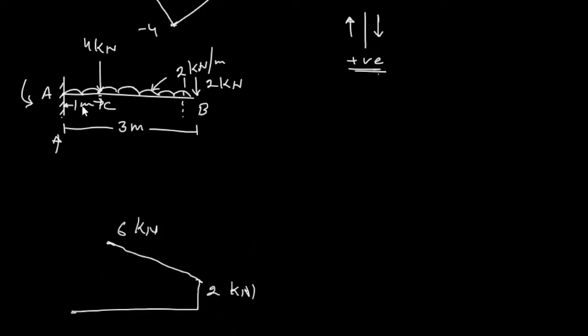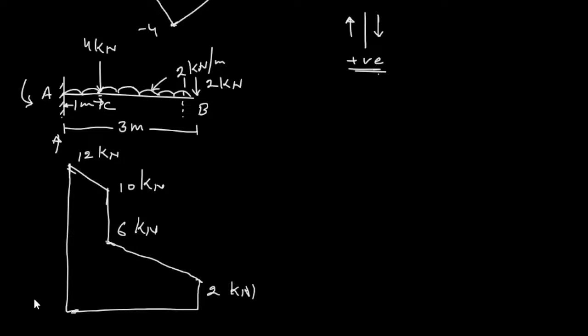If I draw a section towards right, this 4 kilonewton is going down, so I will add 4 kilonewton to this. Now 6 plus 4 is 10. And then for 1 meter there is again UDL of 2, so again it will go like this, and here I will get 10 plus 2, 12. Now I will close this part here.